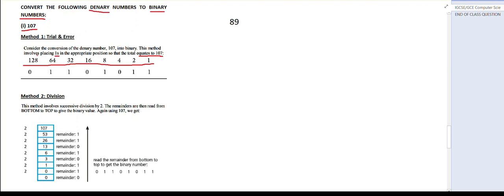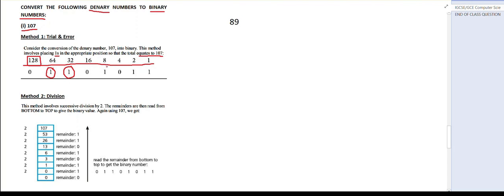Now, 1 cannot be placed under 128 because it has exceeded 107, right? 1 can be placed under 64, 1 can be placed under 32. 64 plus 32, we get 96. Still we are 11 behind.